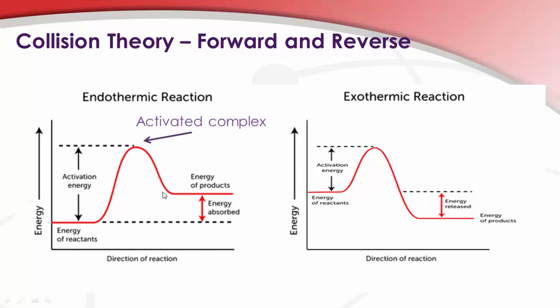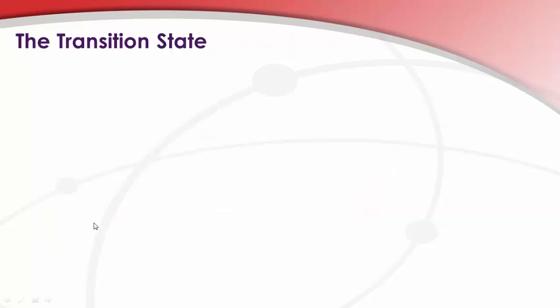So in both cases, though, these reactions will go through an activated complex. And this activated complex that is in between reactants and products, well, the energy required to get to this point, we call it the activation energy. And it's this activation energy that determines the kinetic energy that must be present in the collision that occurs.